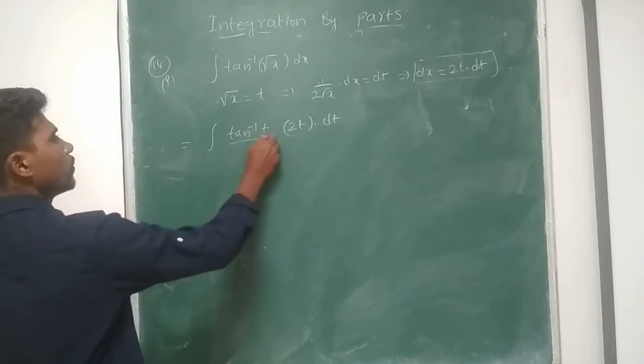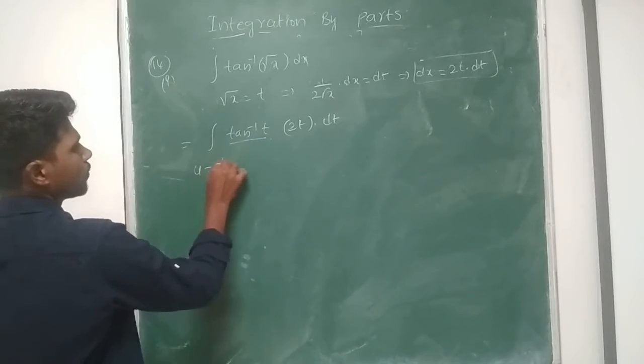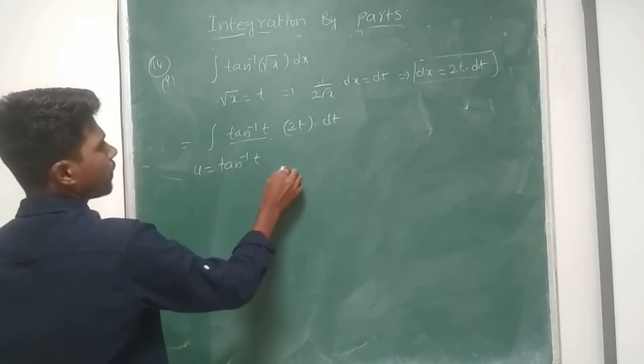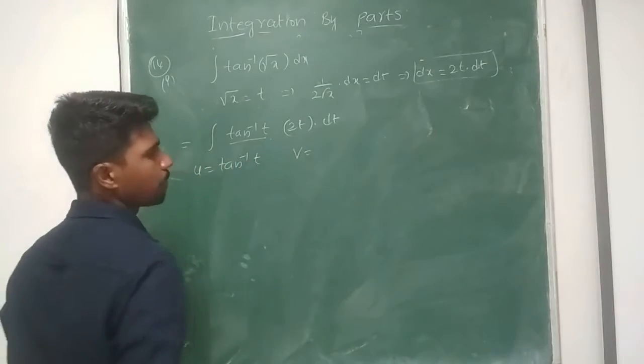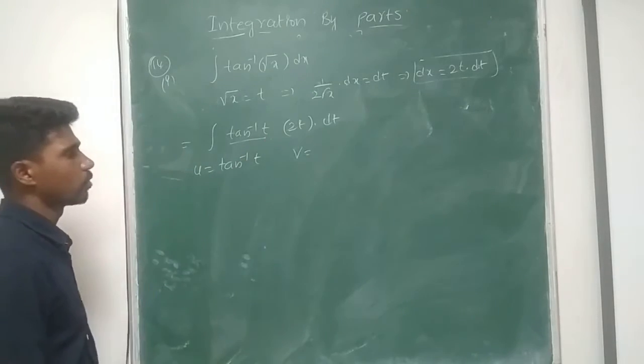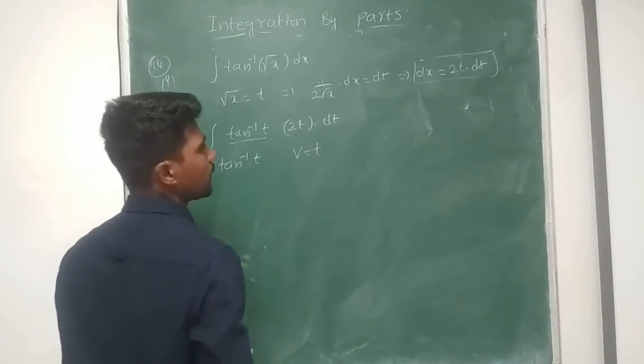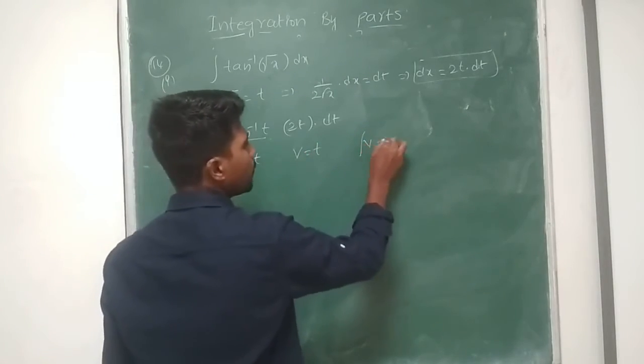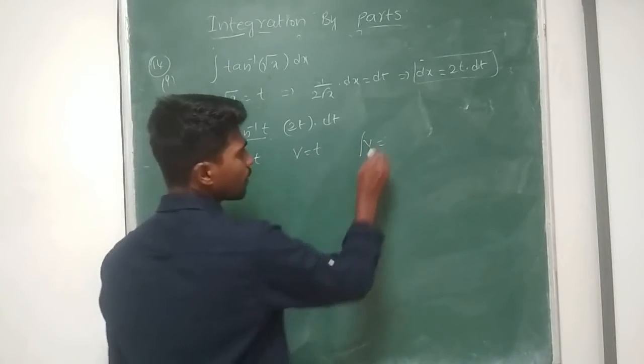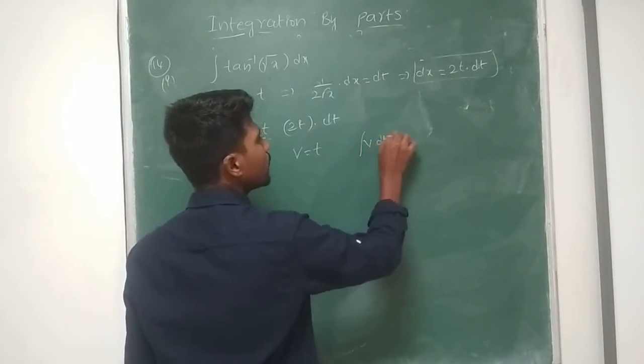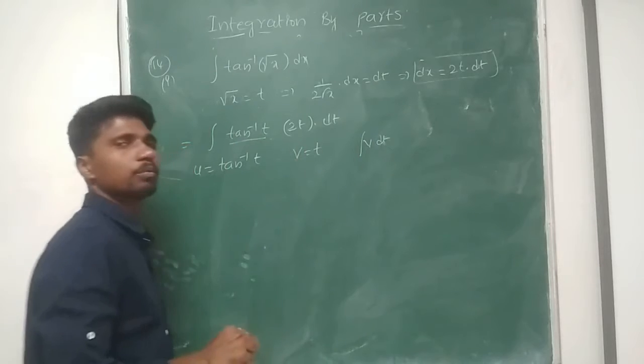So now tan inverse of t can be taken as u, tan inverse of t. V, if I consider t, 2 is a constant, now I can take it outside. So V is considered as t. Now integral V will be equal to integral V dt here, because the function is defined in terms of t.